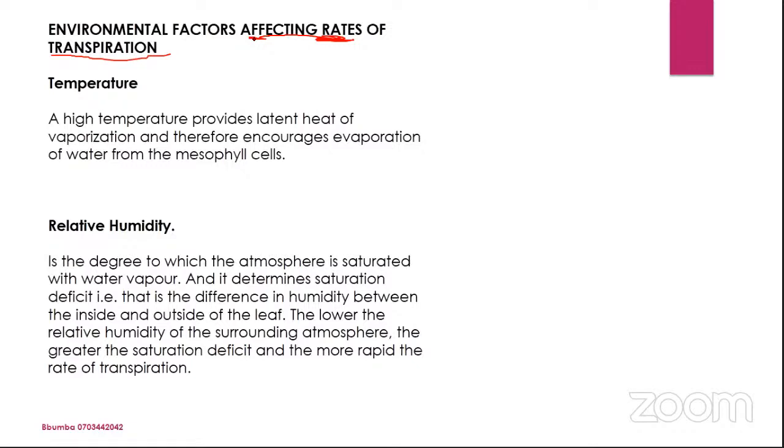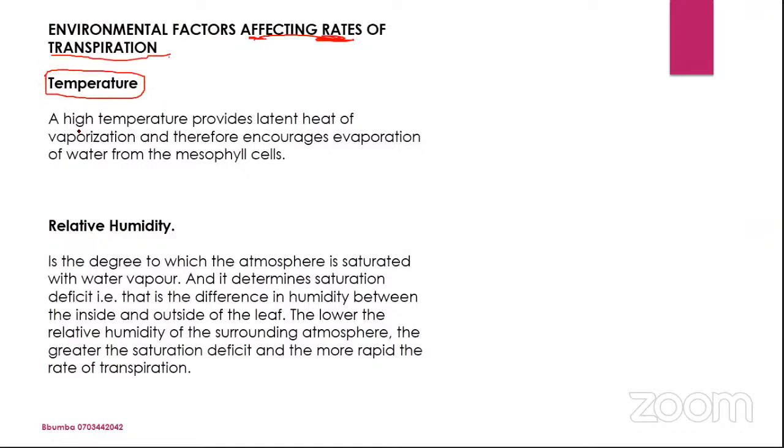When they came on land, they faced a challenge of retaining water because there was scarcity of water on land. So when we talk of environmental factors which affect the rate of transpiration, it is important because if you're a plant, you don't need to lose water more often, since water is one of the most important substances that make life possible on land.